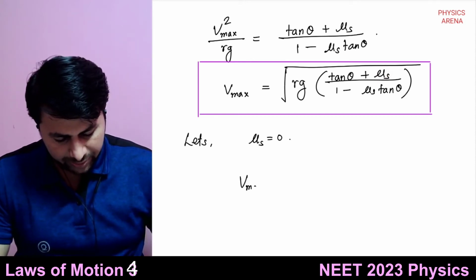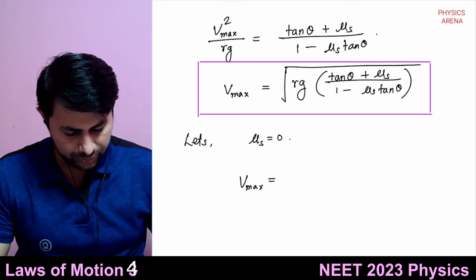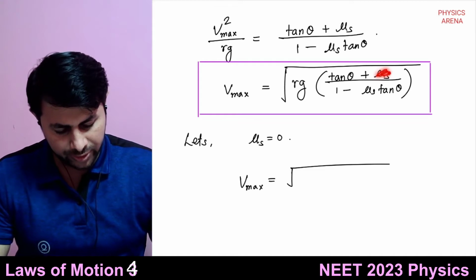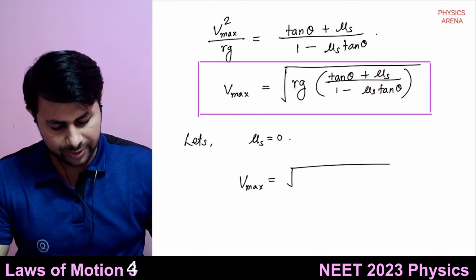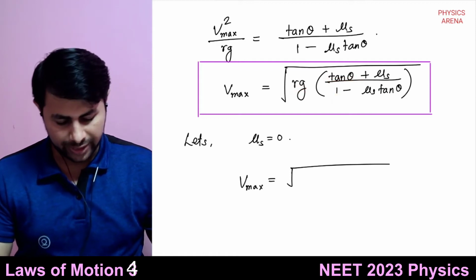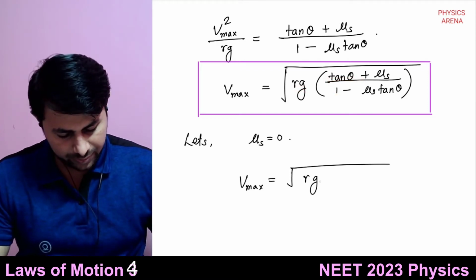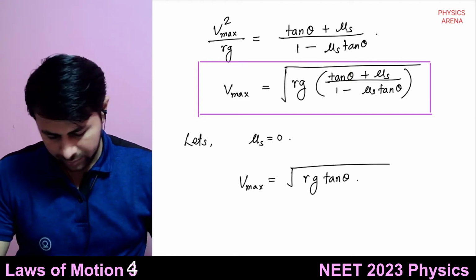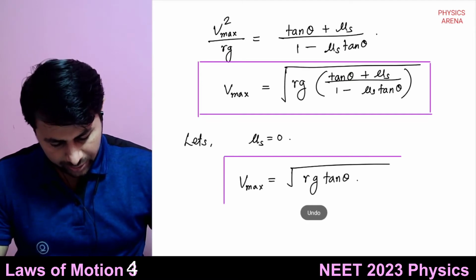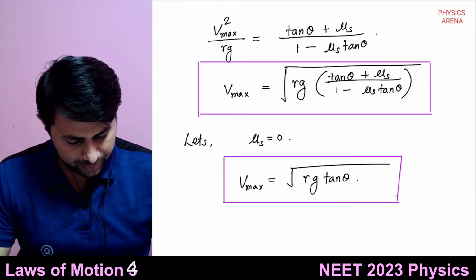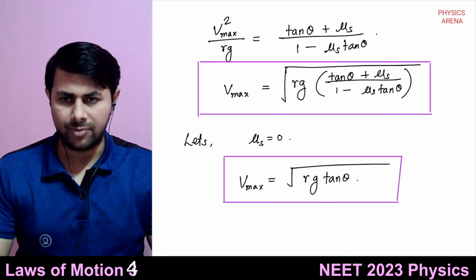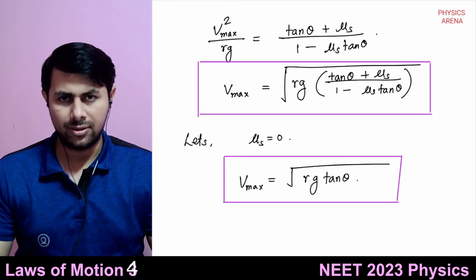So you get V max equal to the square root of Rg multiplied by tan theta divided by 1 only. So that means square root of Rg tan theta. So still you will be able to drive your vehicle safely, and this will be the maximum safety speed limit, square root of rg tan theta.